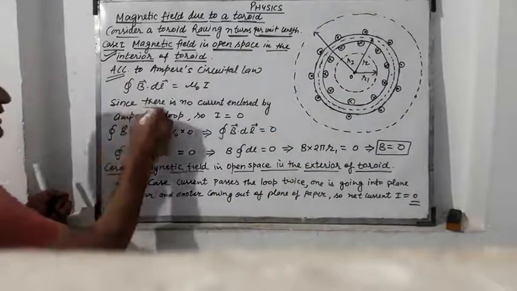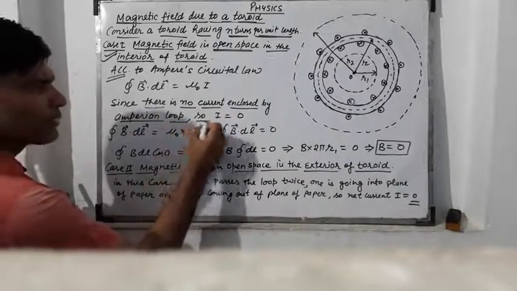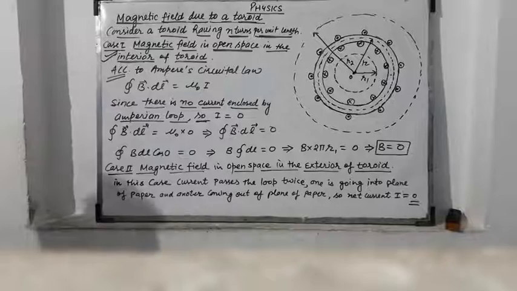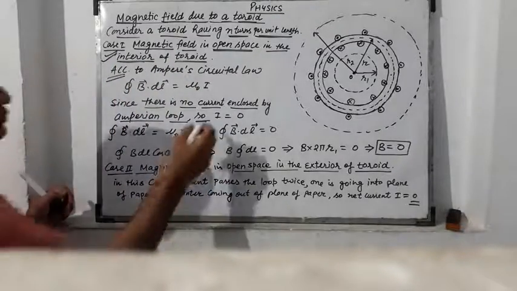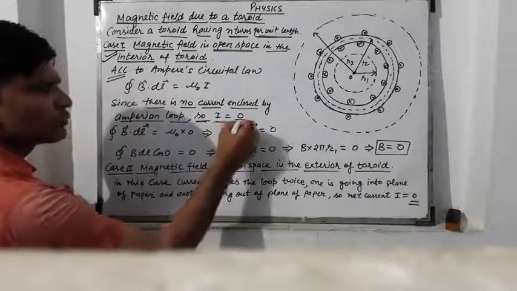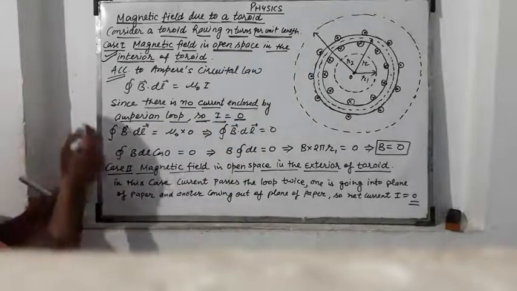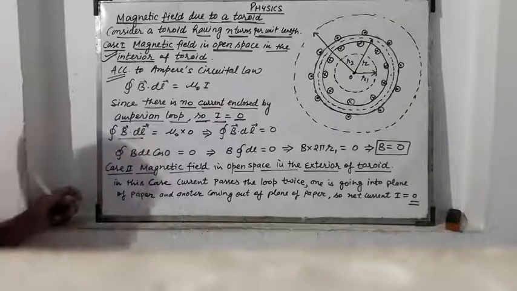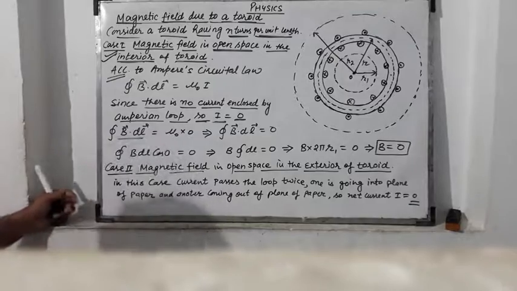There is no current enclosed by the Amperian loop in the interior of the toroid, so I is equal to 0. Then the line integral of B dot dl is equal to mu naught into 0.